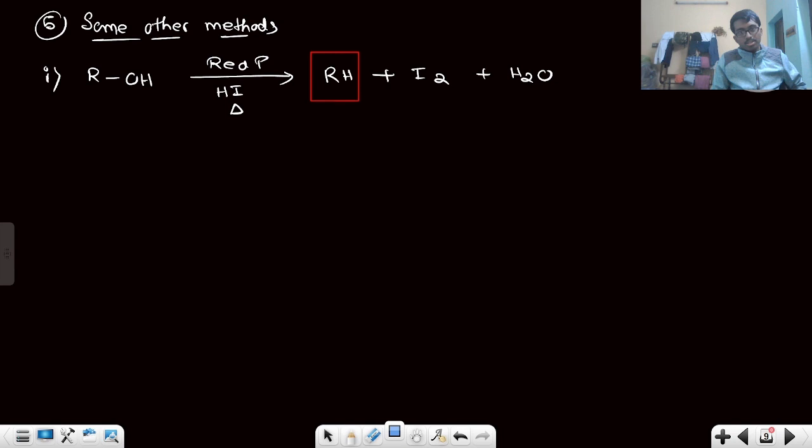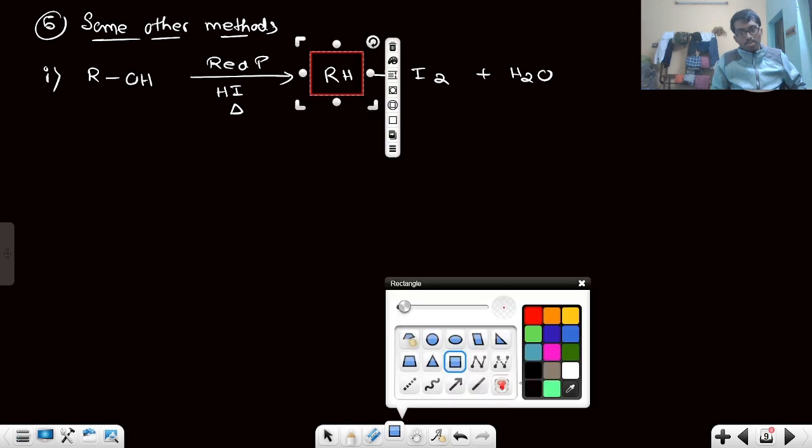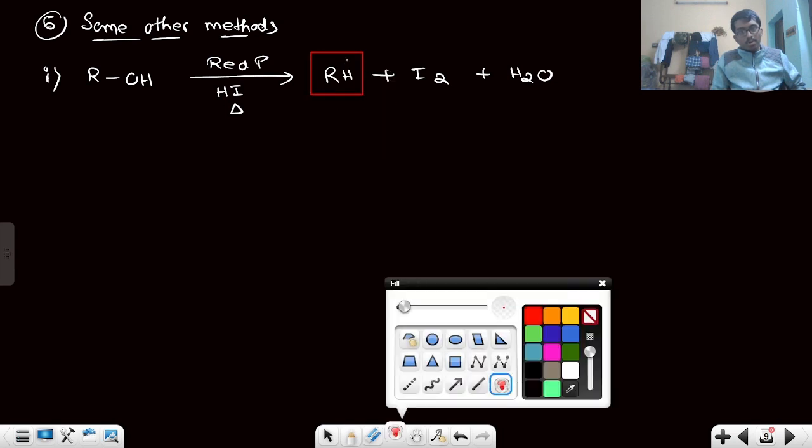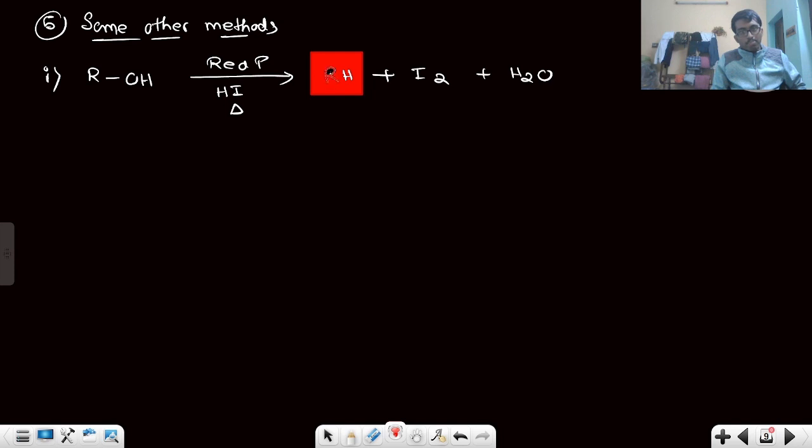So this alkane is directly formed. You have to remember this is the direct formation from alcohol to alkane, using red phosphorus along with hydrogen iodide. Clear? Now I2 is there, so I have to write 2 over here also. Then balancing is done for H, hydrogen done.